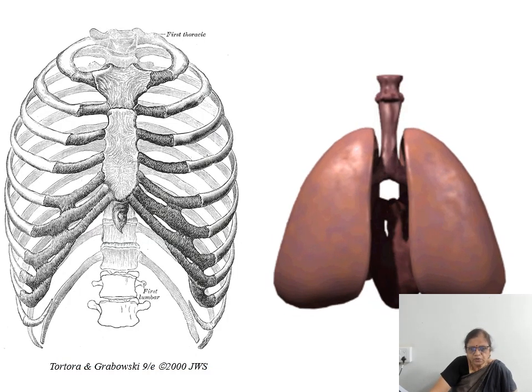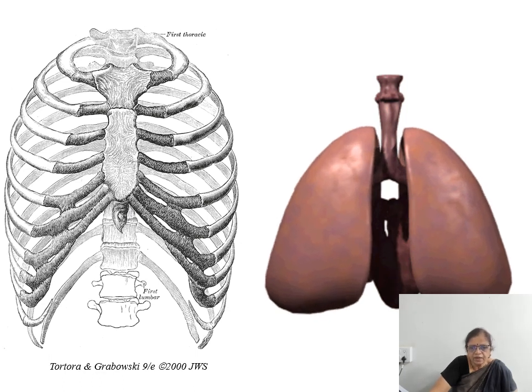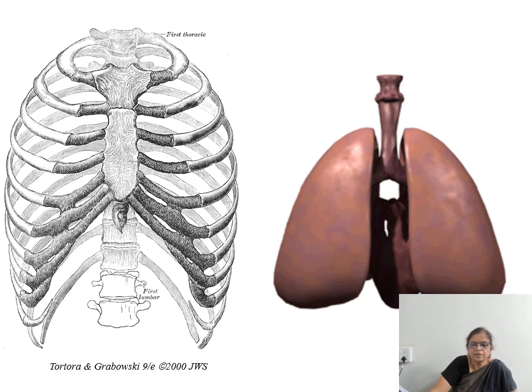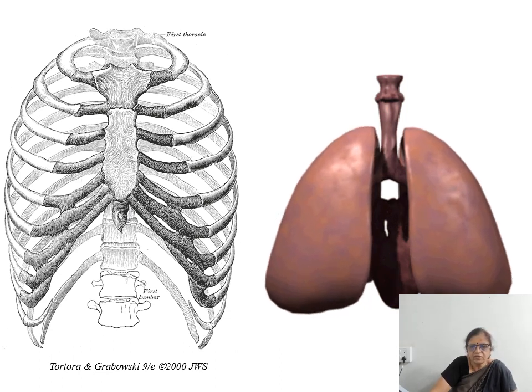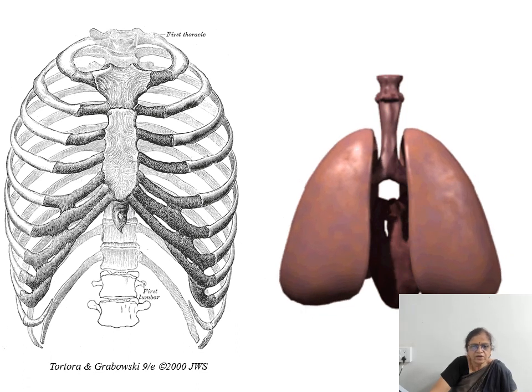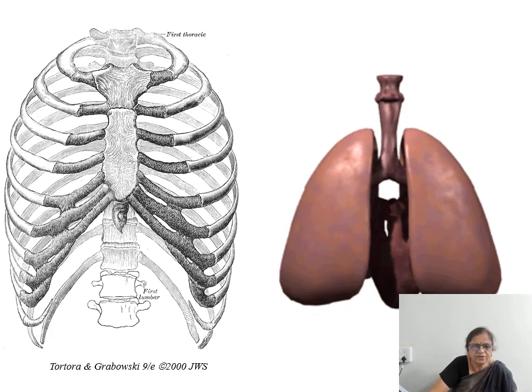The lungs should expand and recoil smoothly, without any obstruction. For this purpose, they are located inside a thoracic bony cage. So what is briefly the structure of the thoracic cage?